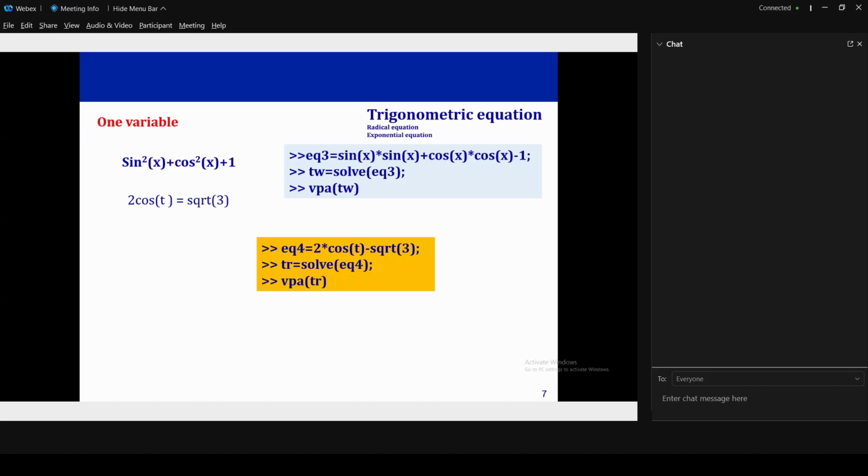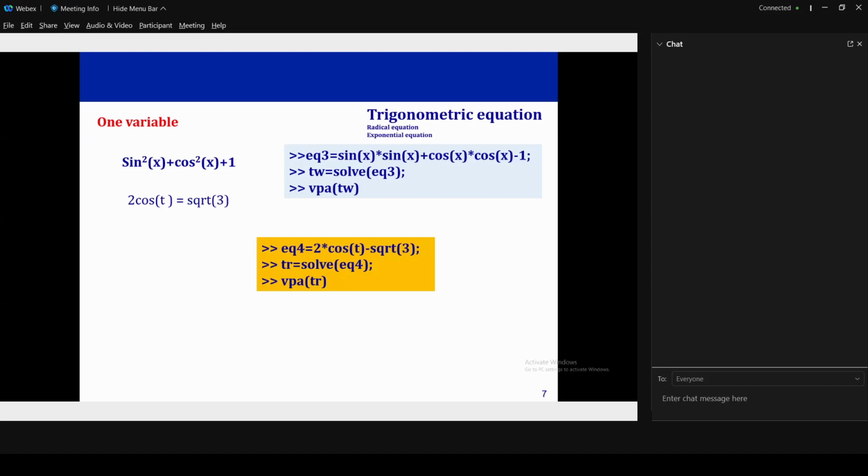Today we will see how to solve trigonometric equations, the equations which involve trigonometric terms like sine, cos, tan, and so forth. Those equations we call trigonometric equations.